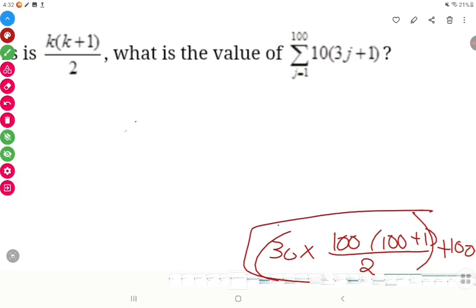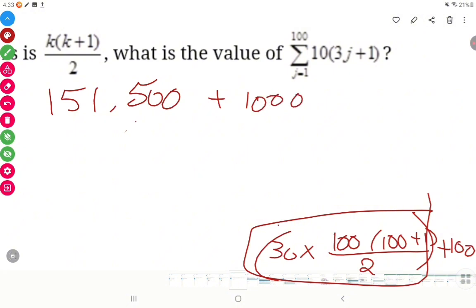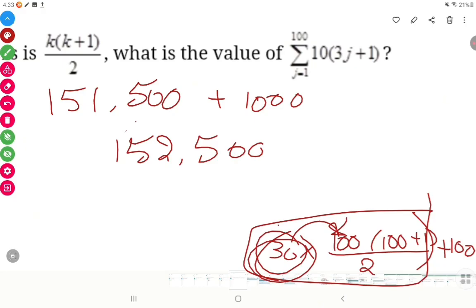So solve this in the calculator. 30 times 100 times 100 plus 1 over 2 is going to give you 151,500. Okay, plus 1,000, you're going to get 152,500. Don't forget to multiply 30 by the sigma.